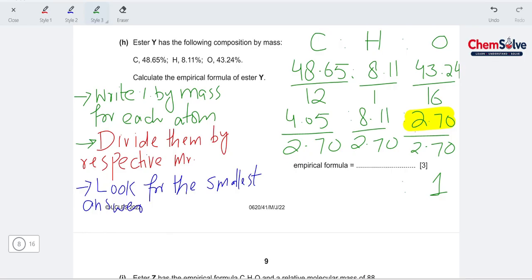This is of course 1, and let me calculate the other ones. 4.05 divided by 2.70 is 1.5, and 8.11 divided by 2.70 is 3.